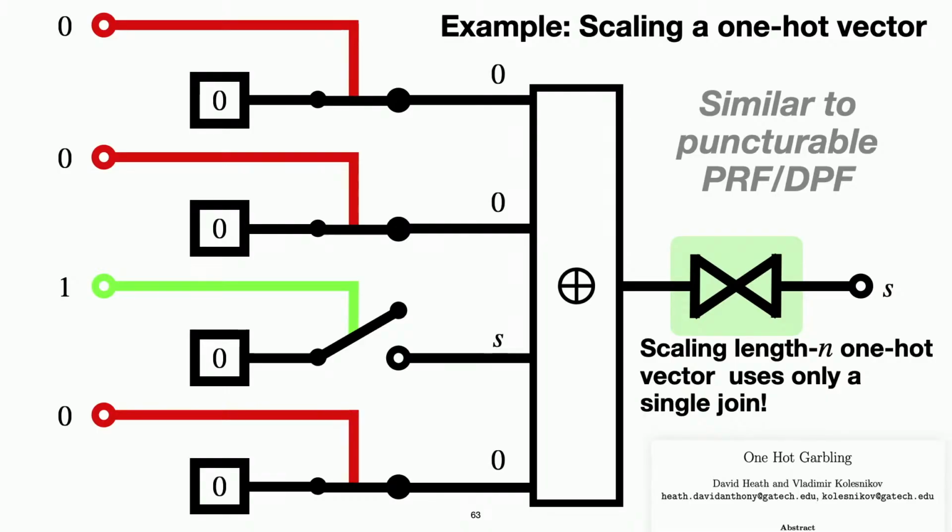You can do the same thing here. Suppose you want to build a really long one-hot vector. You can do it by using this gadget recursively. You build up the one-hot encoding in log n steps, and that procedure is very similar to what happens with distributed point functions in the distributed setting. I don't want to linger on it too much.